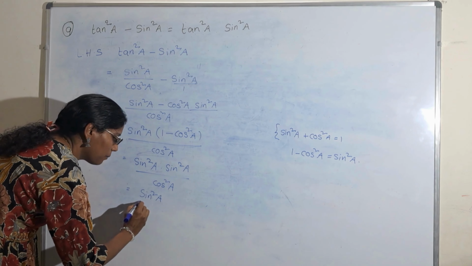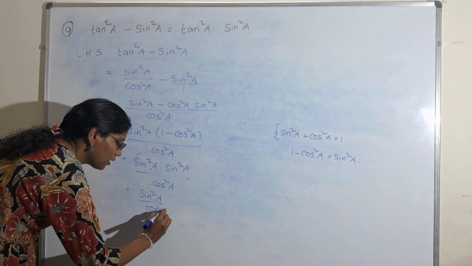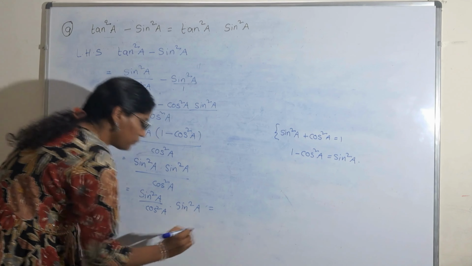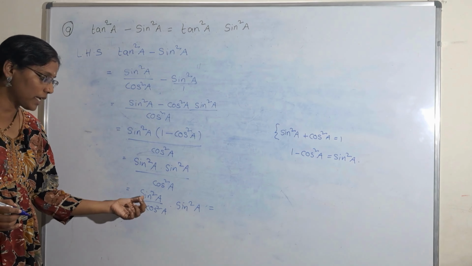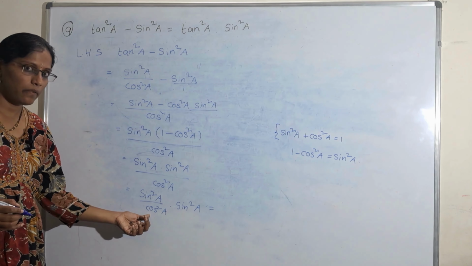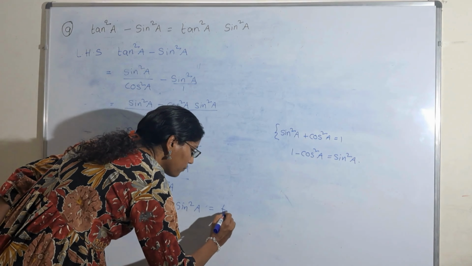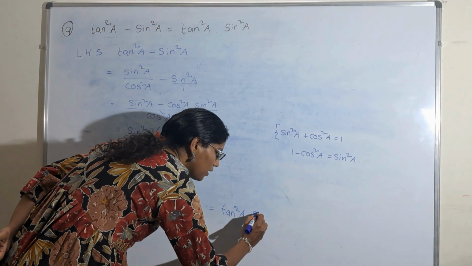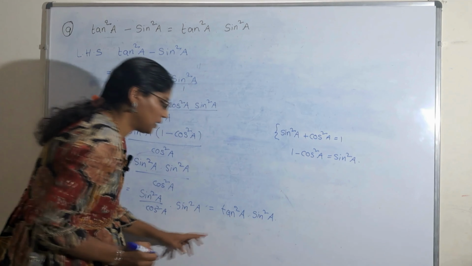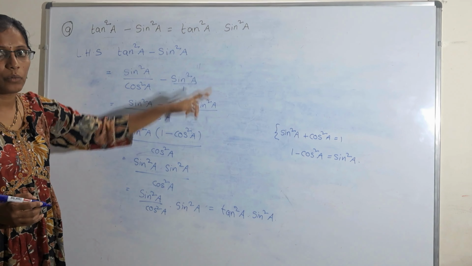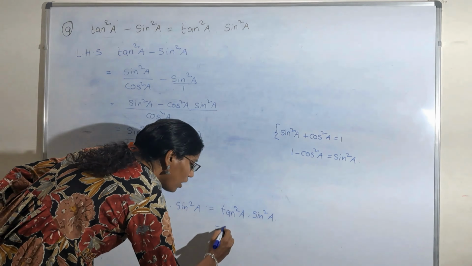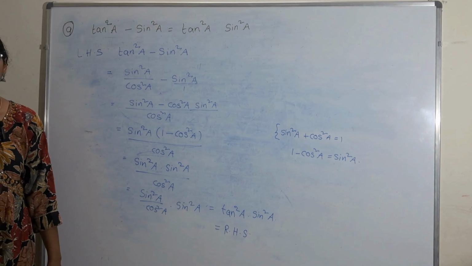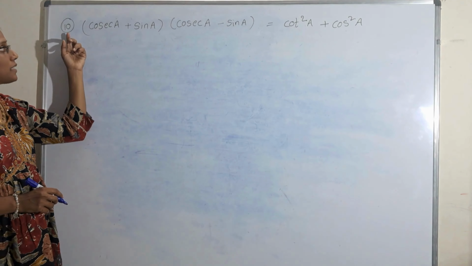Sin square A by cos square A into sin square A is equal to sin square A into sin square A by cos square A, whose value is tan square A, into the already present sin square A. So LHS and RHS are both the same. LHS equal to RHS.